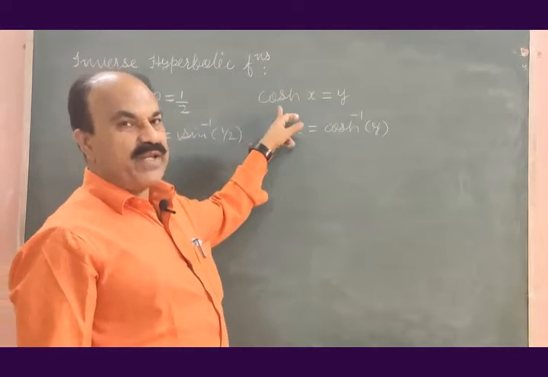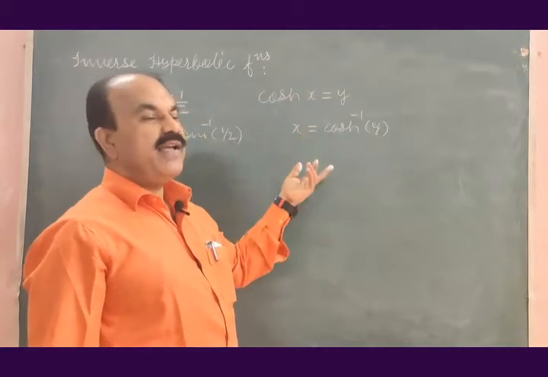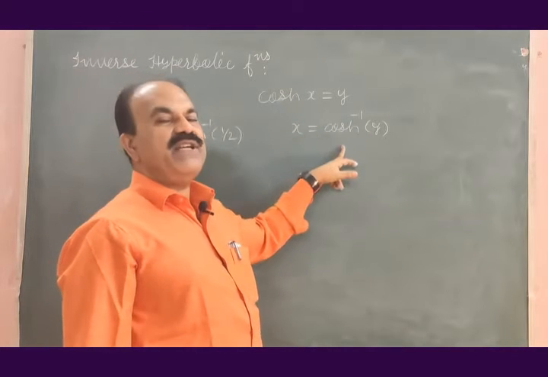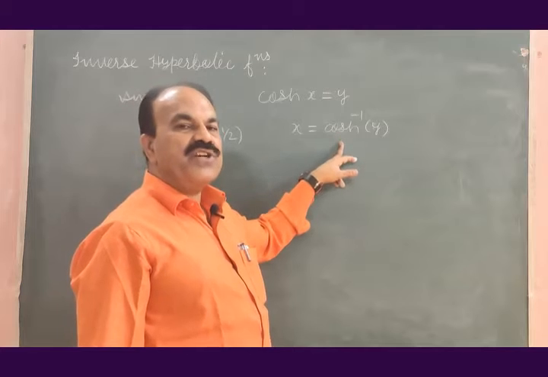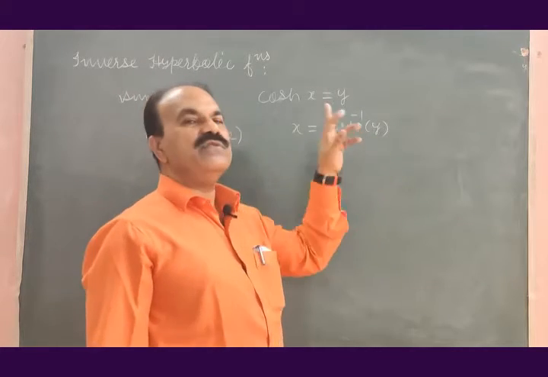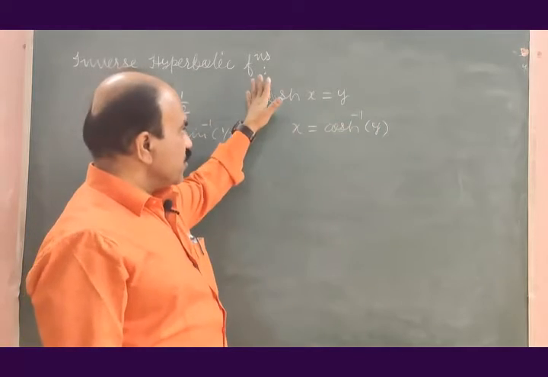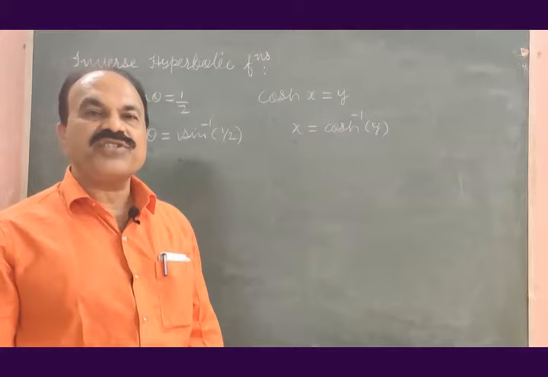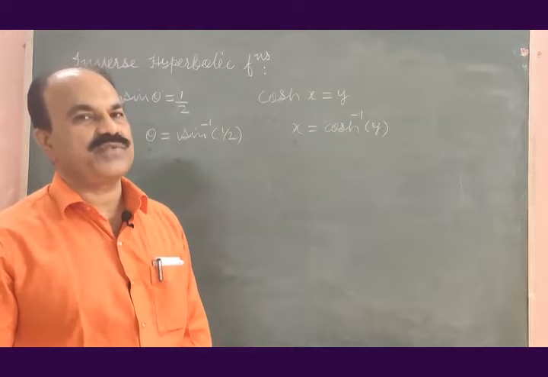If cos hyperbolic of x is equal to y, the argument x must be equal to inverse of cos hyperbolic of y. Okay, so such functions are known as inverse hyperbolic functions.